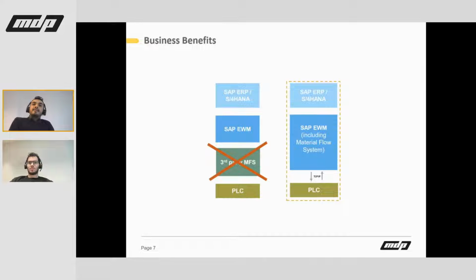So this will enable you to reduce the number of interfaces and number of workers that you need to use inside the warehouse processes, and you will only have one responsibility for warehouse management and material flow control, and thus you can use only one SAP system landscape when you are completing your automated warehouse processes.